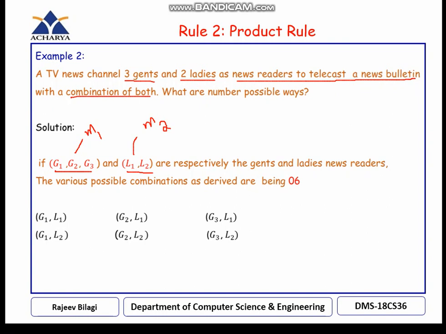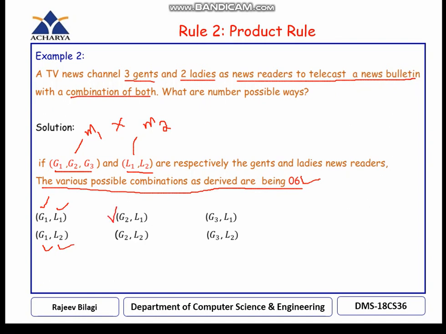Then according to the product rule, the possible number of combinations will be 6. That is M1 into M2, 3 into 2, which is equal to 6. Now to cross verify, G1 and L1, G1 and L2 is one combination.